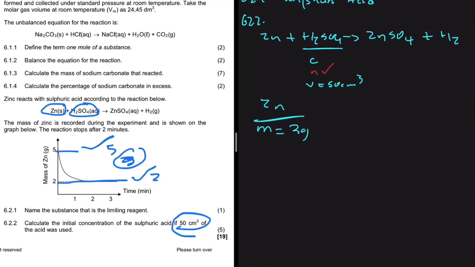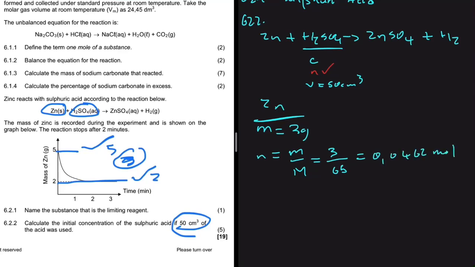So let me show you what I'm talking about. Now we say that the number of moles is equal to the mass divided by the molar mass. So what is the mass? The mass is 3, and the molar mass of zinc is 65. When you punch that in your calculator, you should get 0.0462 moles.